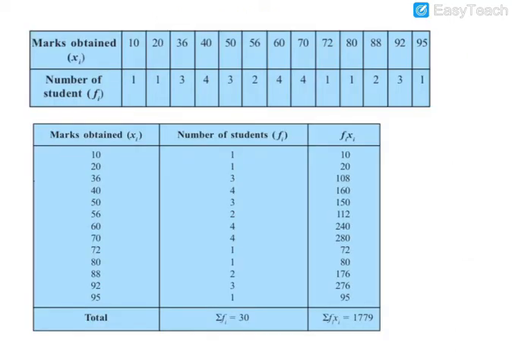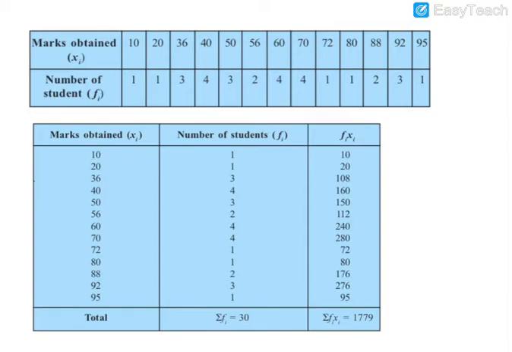Here is an example for ungrouped data. We have marks obtained out of 100 in a test, and the number of students getting those marks are indicated in this row. Now the same table is made over here. Marks obtained is the data, which is represented as xi, and the number of students getting these marks represents the frequency, which is denoted using fi.